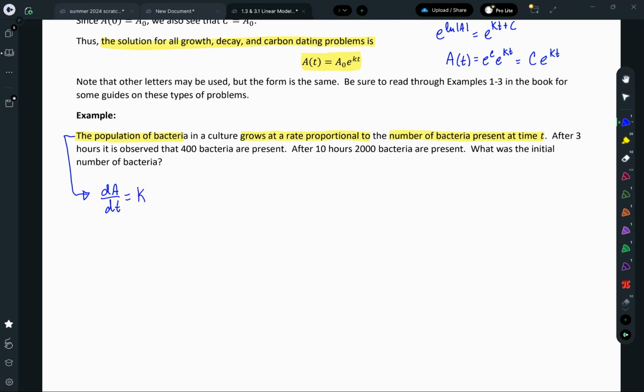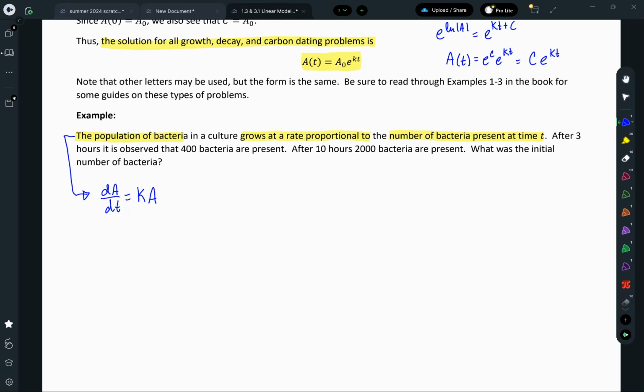So we get a constant of proportionality, k, times A, the actual population of the bacteria. Okay, so that's the information from the first sentence.